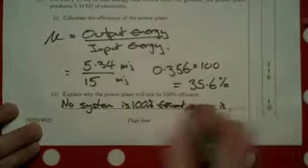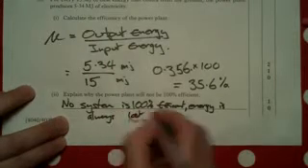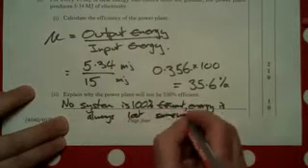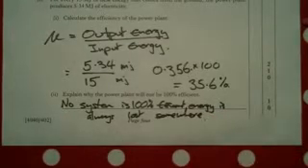Energy is always lost somewhere, and that is one that you can put in every single energy question and you'll get a mark for it somewhere. Right, let's move on.